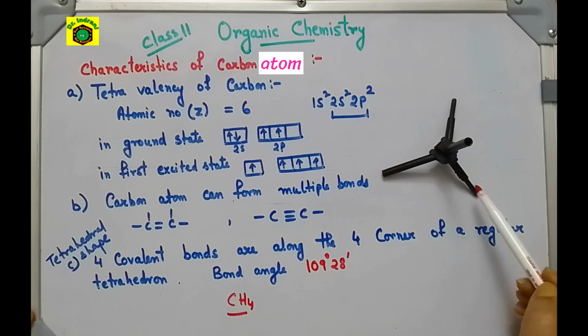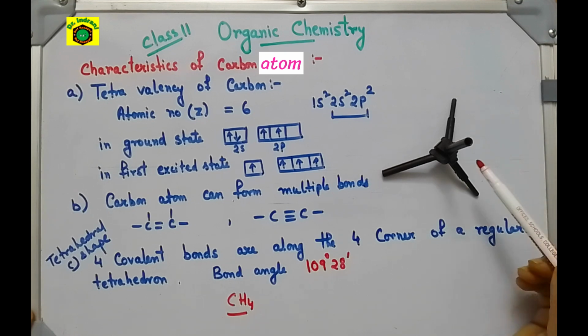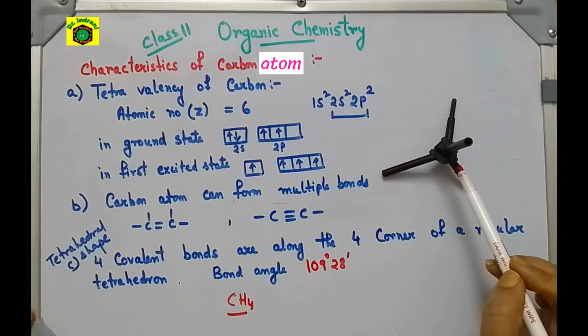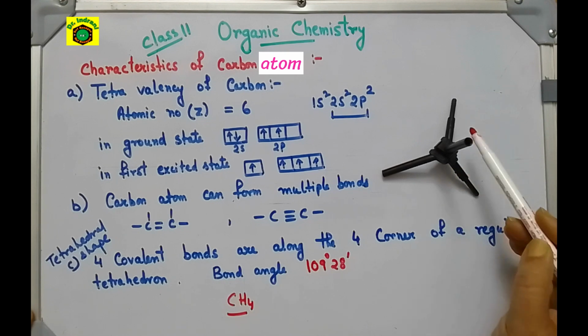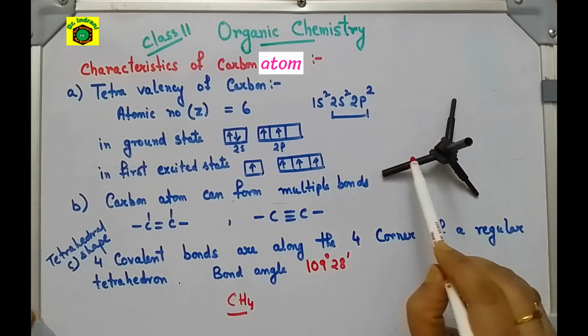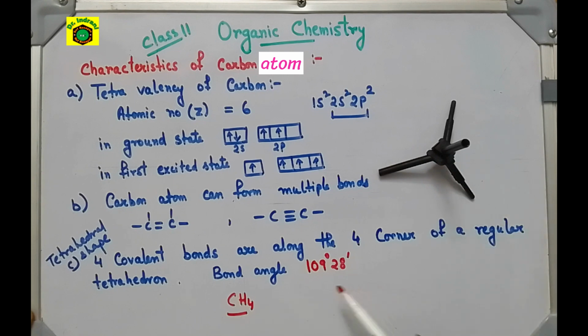Just imagine a tetrahedron; at the 4 corners of the tetrahedron 4 hydrogen atoms are there, and the central atom is carbon. The angle between any 2 bonds is 109 degree 28 minutes.